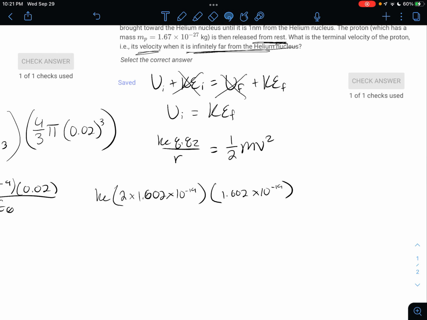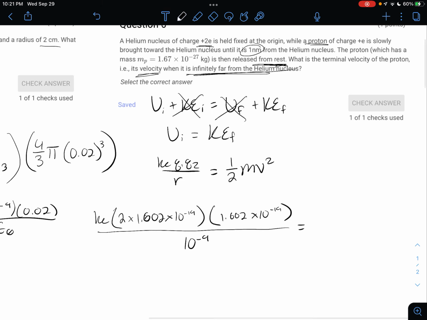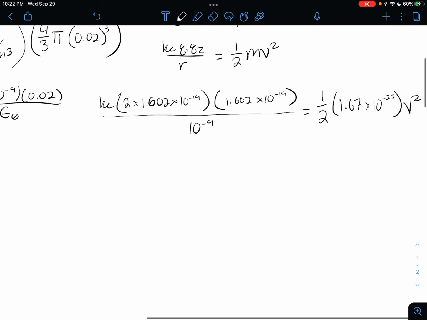That is going to be divided by the initial R, which is 1 nanometer, so that's just 10 to the negative 9th. That's going to equal 1/2 times the mass that it's moving, it's in kilograms already, so we don't have to convert that, 1.67 times 10 to the negative 27 times our v squared.